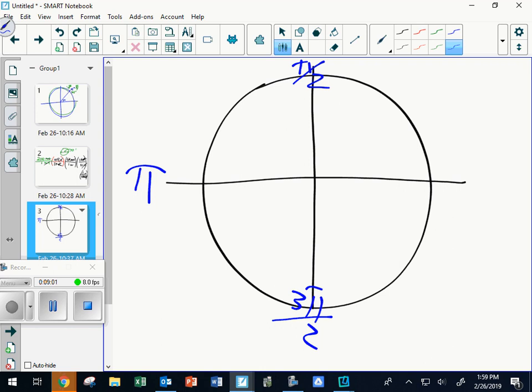Awesome. Now what's another name for 3 pi over 2? Negative pi over 2. I heard that, and that was right. Because it went this way, pi over 2. Okay? What's another way to say 3 pi over 2? Hint, use degrees. 270 degrees, very good. And one more, how about negative? Negative 90.